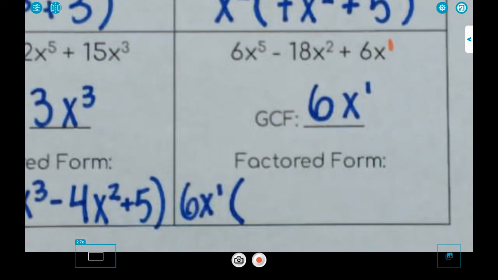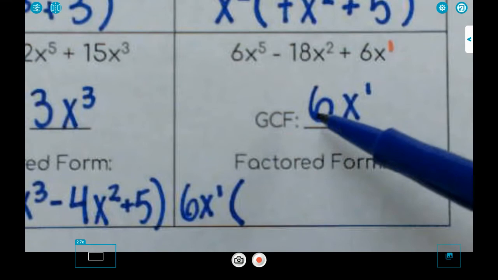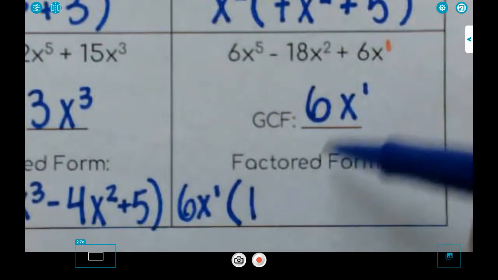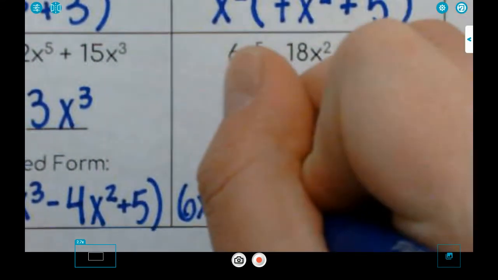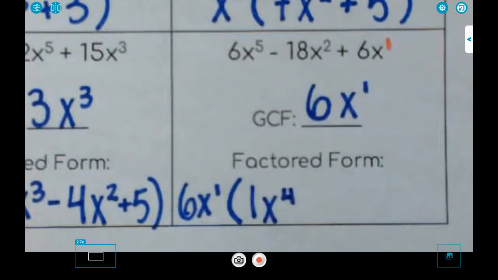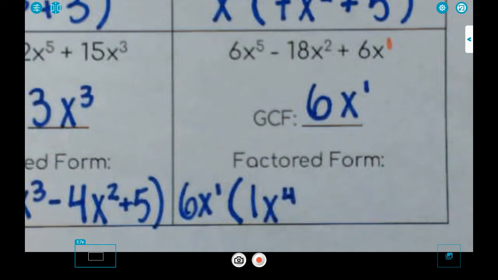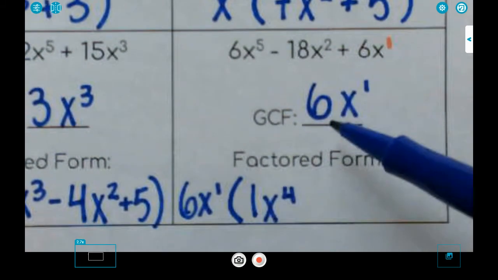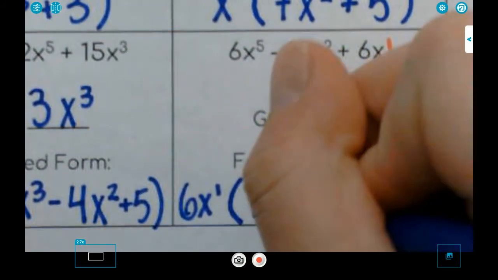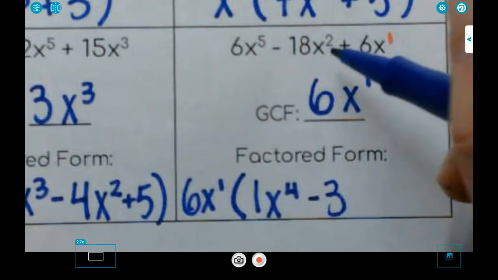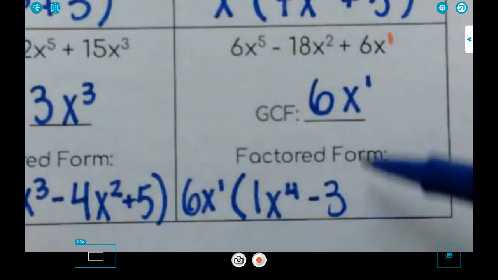Okay, we're going to do 6 divided by 6, which is 1. And we'll do 5 minus 1, which is 4. So we get 1x to the 4th. Then we'll do negative 18 divided by 6, which is negative 3. 2 minus 1 is 1.